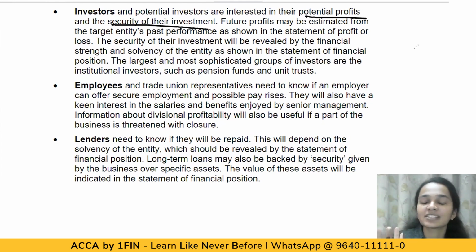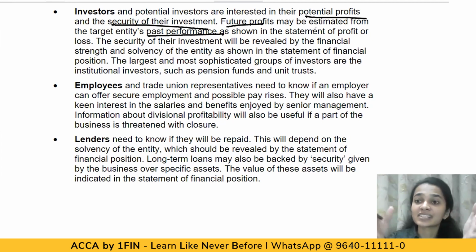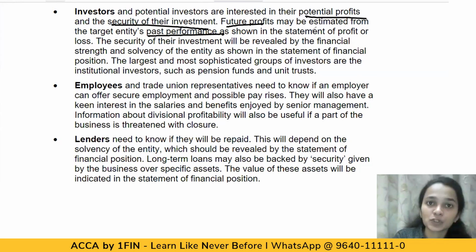So investors, in order to make investments, will analyze the financial statements. Future profits may be estimated from the entity's past performance. The investor will compare how the company did in the past, and on the basis of that they can make estimates for the future and make their investment decision.